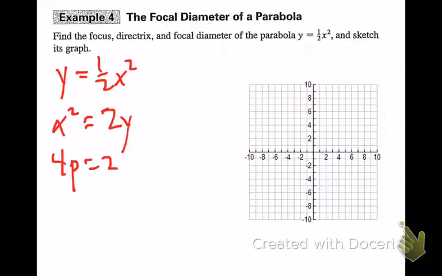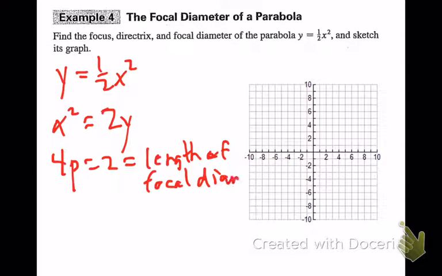We said that 4p was the length of the focal diameter, so the focal diameter is 2. We solve for p. P equals 1/2.